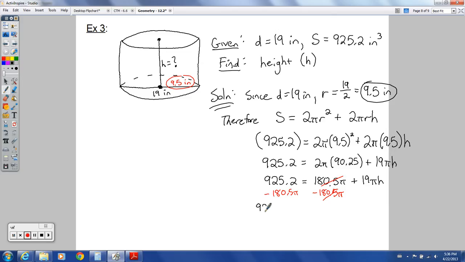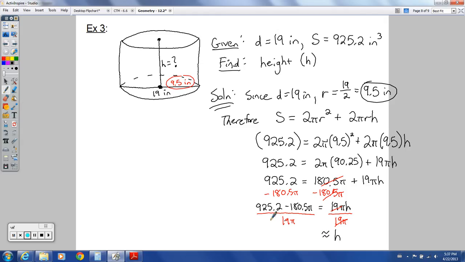So I have 925.2 minus 180.5 pi is going to equal 19 pi times the height. Now to get the height by itself, I can simply divide by the value in front of that, 19 pi. So if I divide both sides by 19 pi, that will cancel here and here. On the right side, I'd just be left with h.